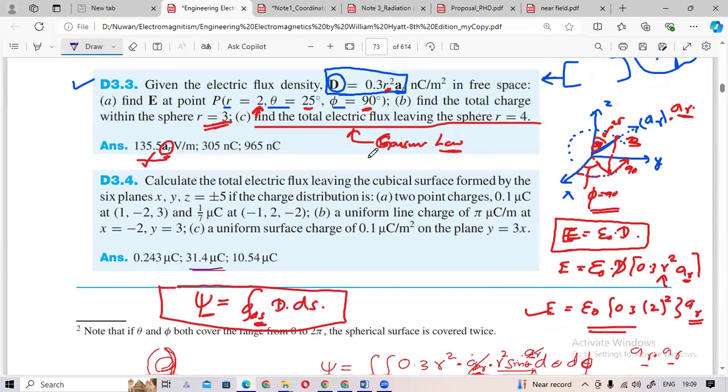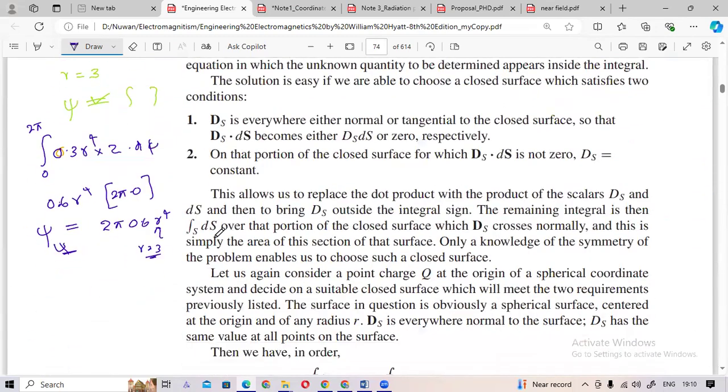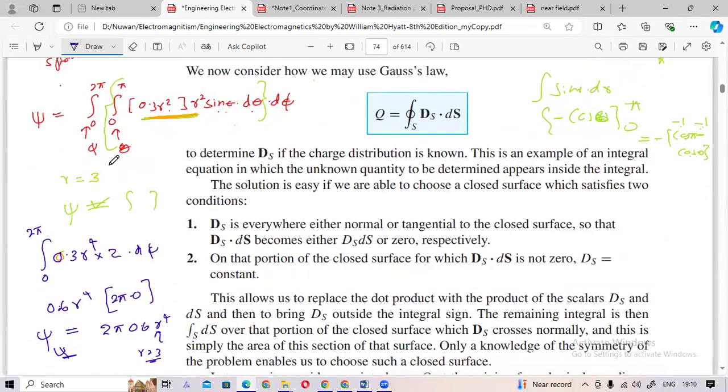I think that kind of thing you have to find. That is not much difficult. Sorry, R is equal to 4. So here you have to apply R is equal to 4. I think these are not much difficult, you can calculate very easily.